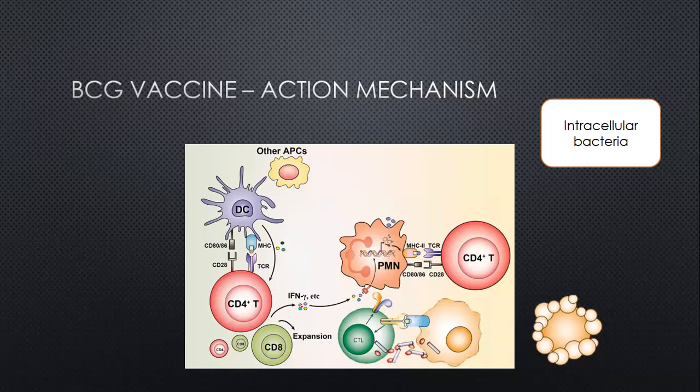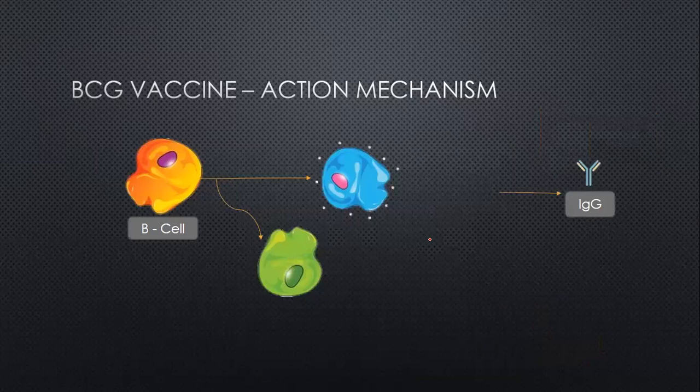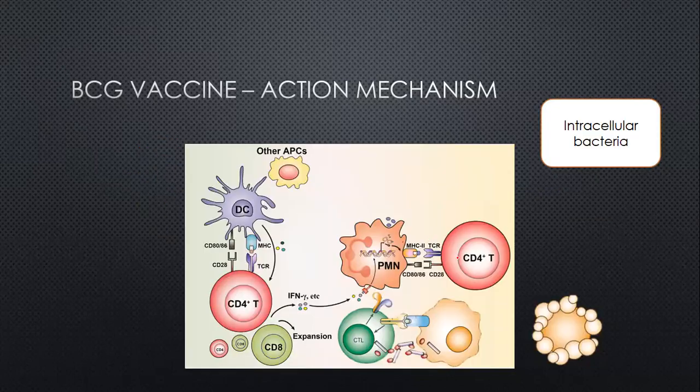In Spanish, factor de necrosis tumoral. So this cell releases both cytokines, and these cytokines activate, for example, here we have a neutrophil, right? And this neutrophil, what does it do? It could activate some other cells to increase the phagocytosis.